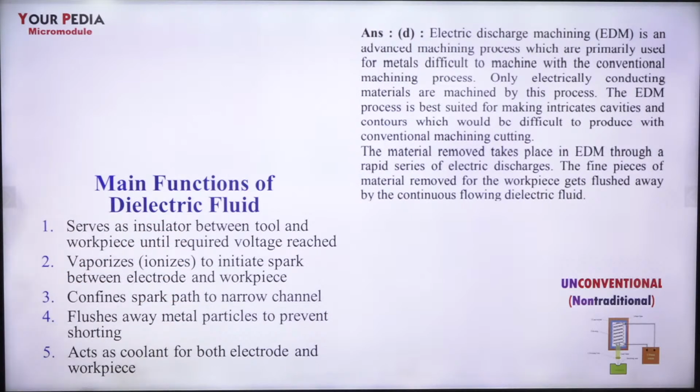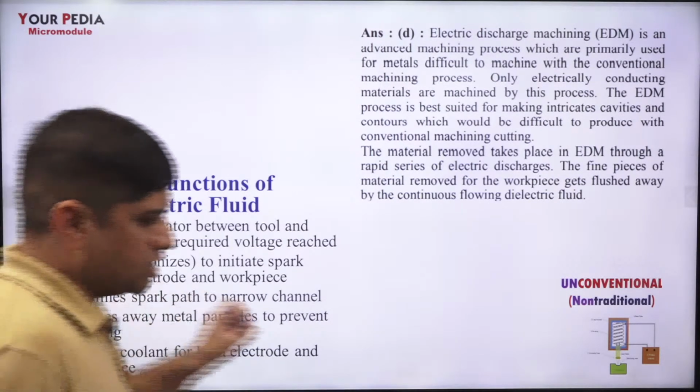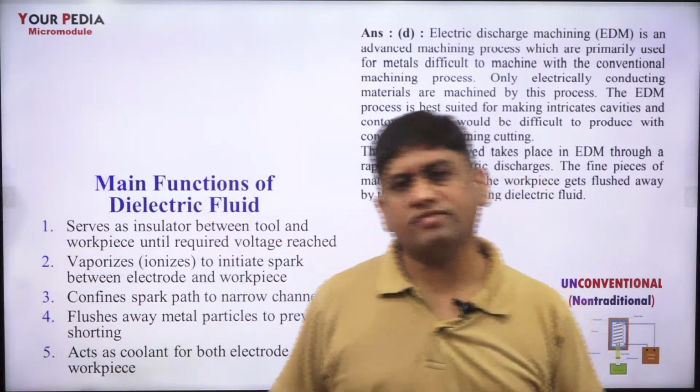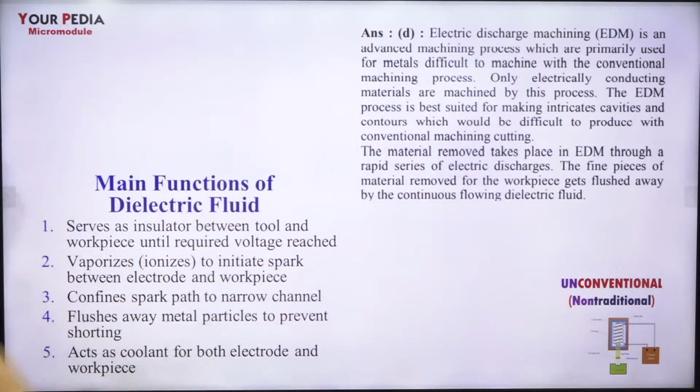It is the insulator between tool and workpiece till a particular voltage is reached. As I told you, in electric discharge machining you have a capacitor, which discharges the energy. So it initiates the spark between electrode and workpiece, and flushes away the metallic particles to prevent short circuiting.